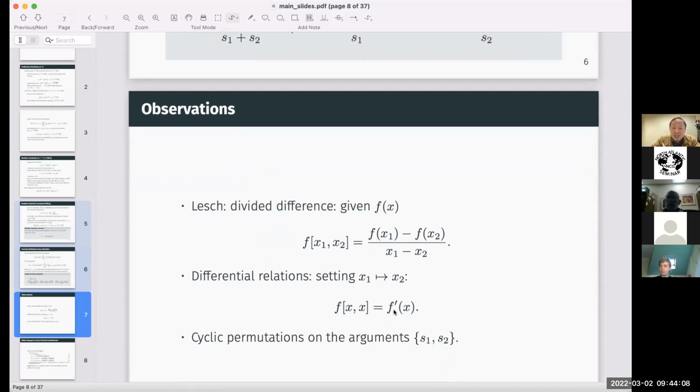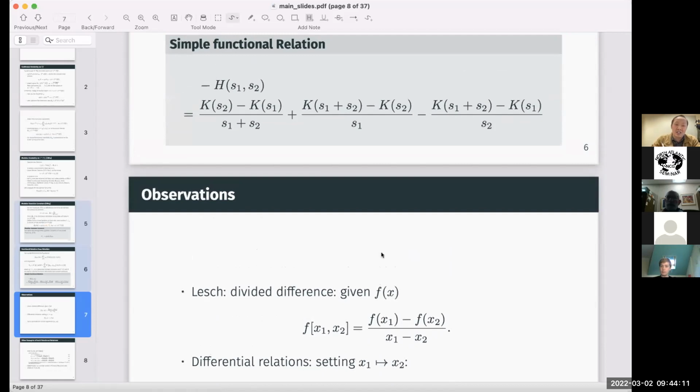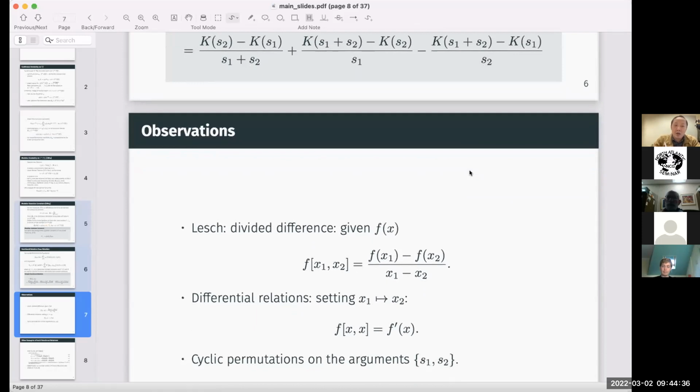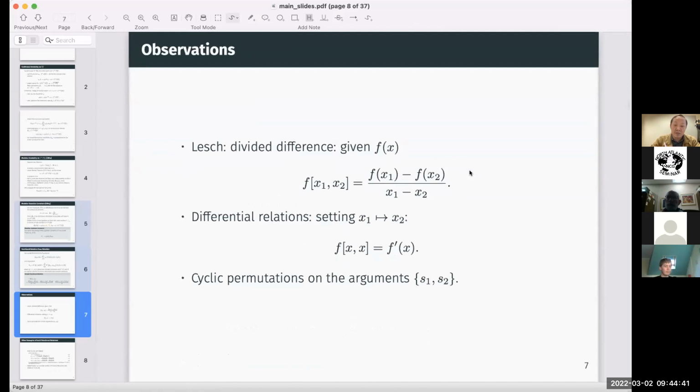The other observation is that, looking at the arguments of these three terms, there are potentially cyclic permutations behind them. As you expect from my title, this cyclic permutation plays exactly the role of the cyclic group in the cyclic category. That's a quick preview of the main result.